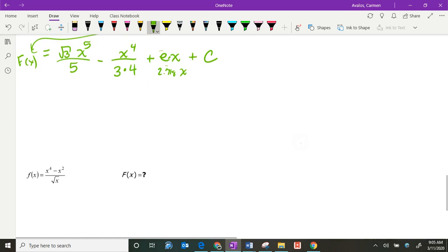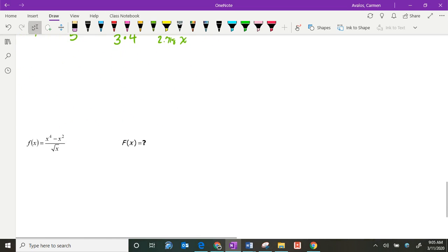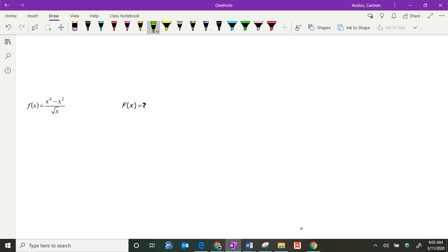So that's your antiderivative. Okay, so what happens if I have this, which is similar to the power rule? If I have something like this, what we would do is we need to rearrange it. So f of x is going to be x to the negative 1/2 times x to the 4th minus x squared.